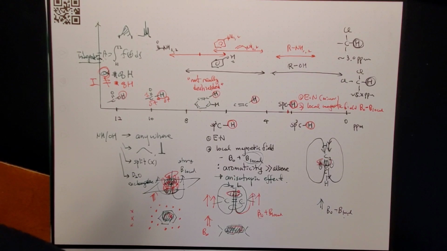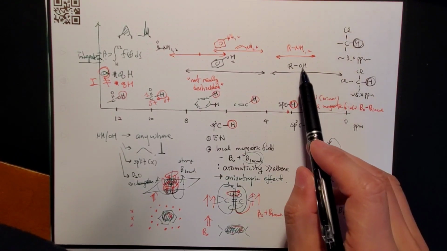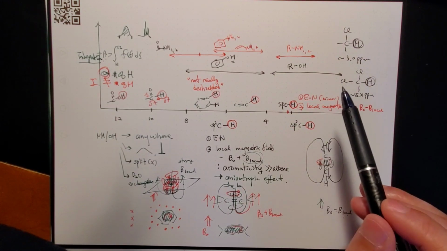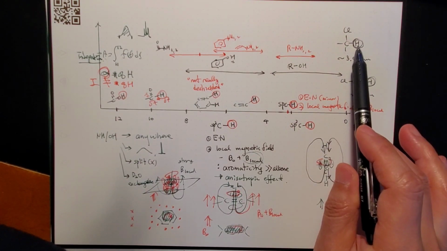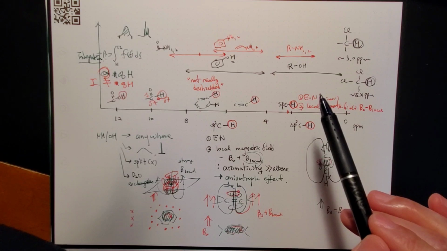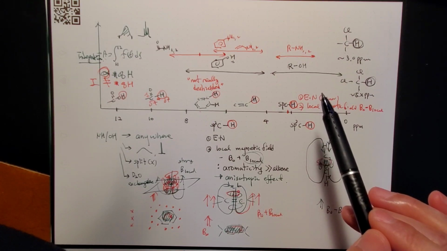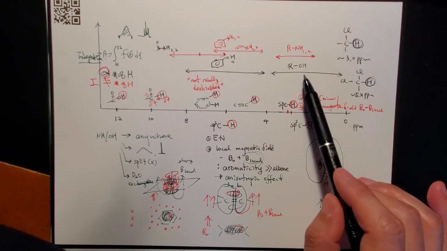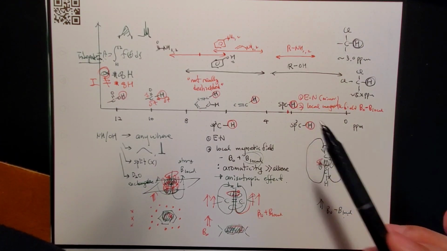And that should be the guideline. Because oxygen is more electronegative than chlorine, you expect the alpha hydrogen to shift more downfield than the alpha hydrogen with the chlorine, so you expect that to be around 3.5.